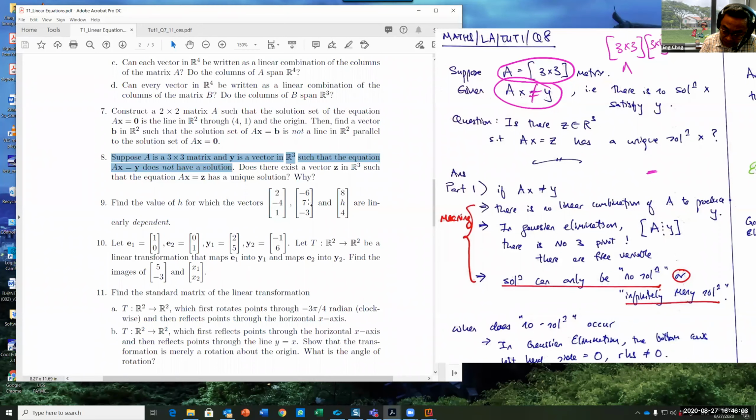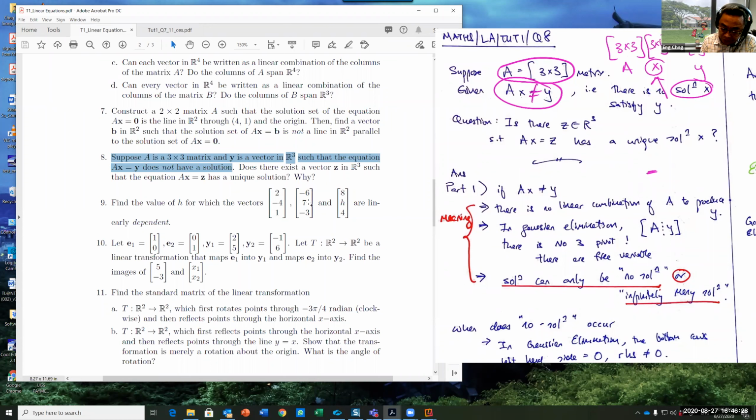This is A and this is X. When you multiply A and X, you get a 3 by 1 column vector, and you hope that it is Y. But in this particular case, you cannot find a solution. No solution means that there is no X that when you multiply with it will give you the desired Y.